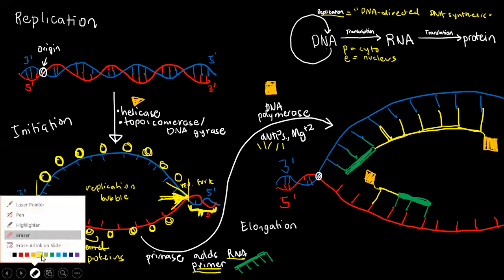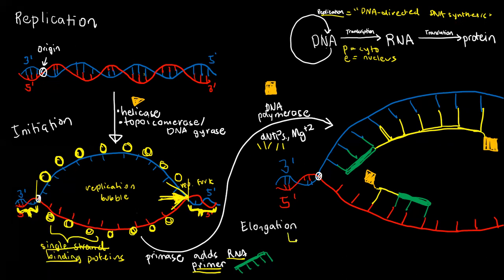Now, do note that the elongation process will always go from the direction 5' to 3' of the new strand. For example, remember, the blue strand right here has the direction 3' at the left and then going 5' as I go to the right.